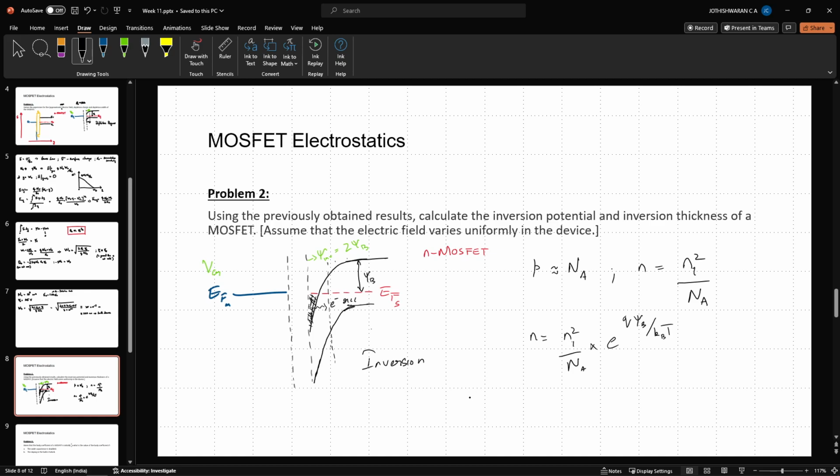So n at 0 is equal to ni squared by Na into exponential q times psi inverse divided by kBT. So this should be equal to Na.